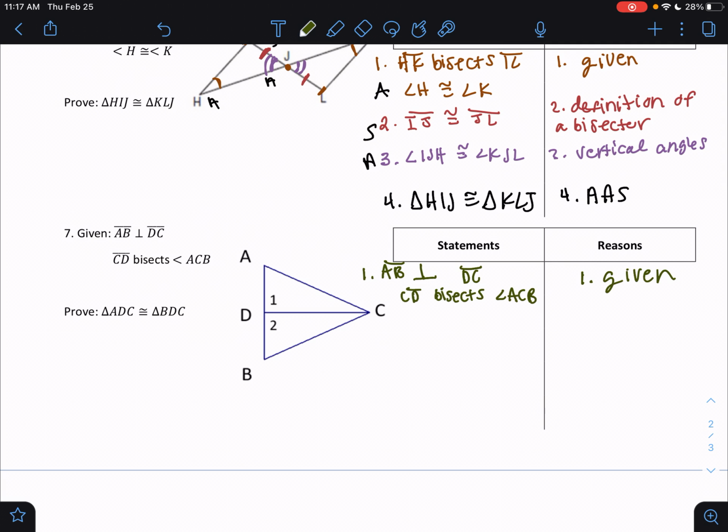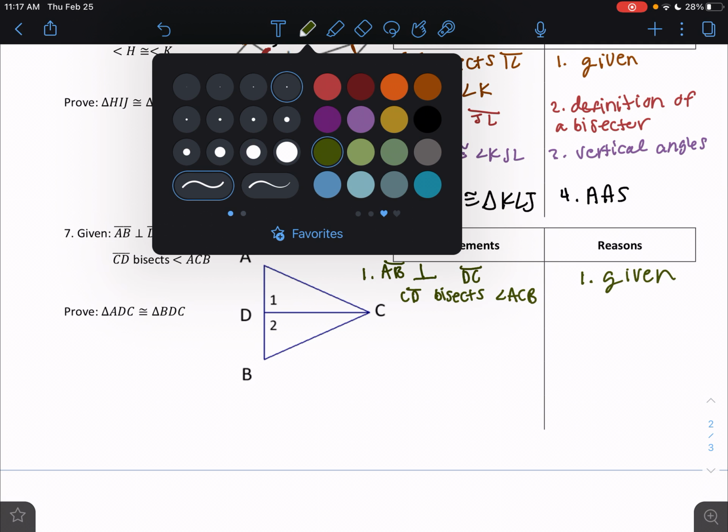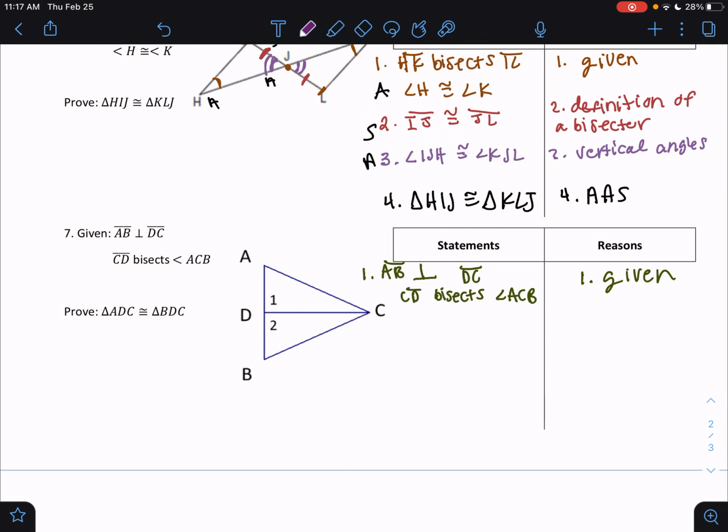Now there's not a whole lot I can exactly mark yet, just because they tell us that we have perpendicular and bisectors. There's nothing really to mark yet. We're going to have to write more statements to prove. So let's start with angle ADC is congruent to angle BDC.